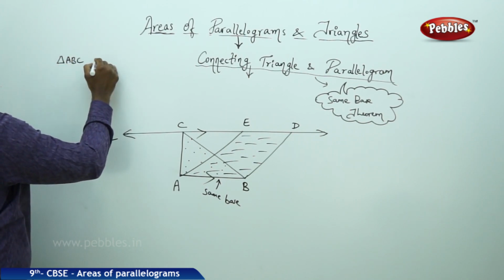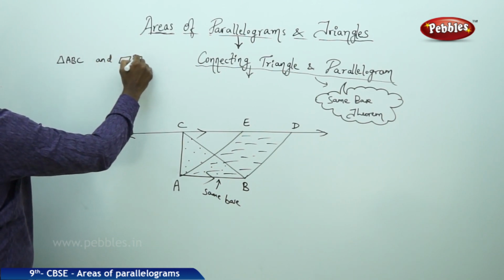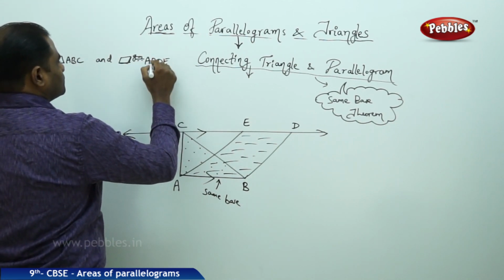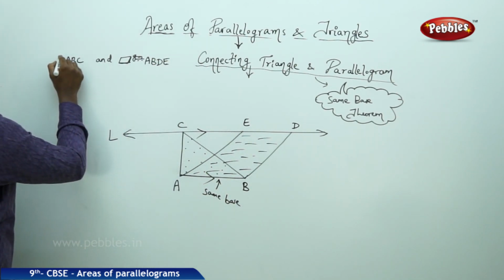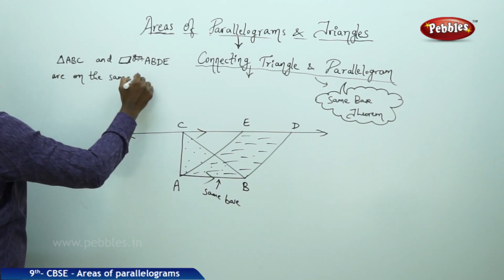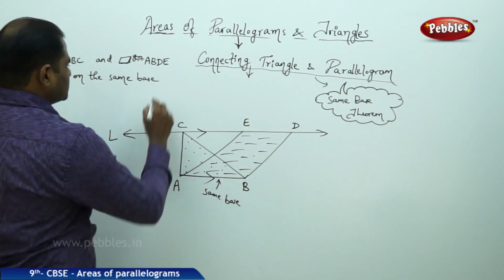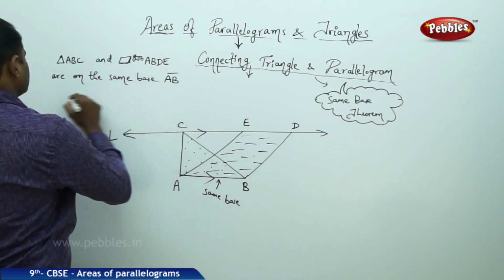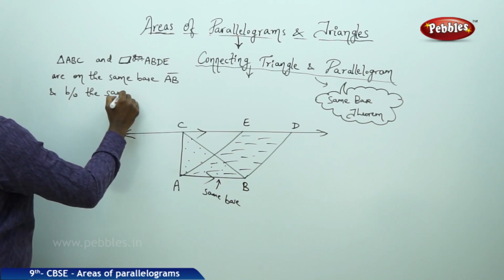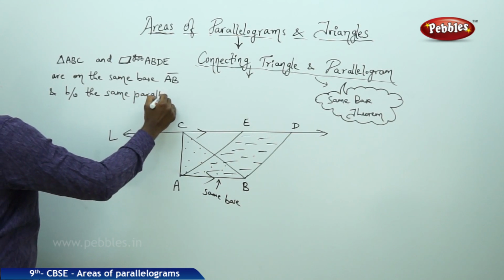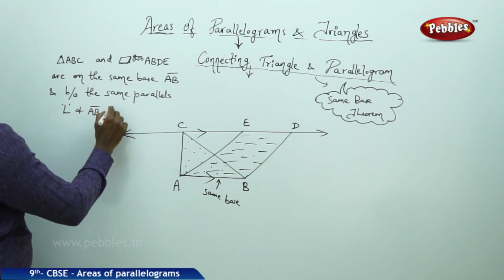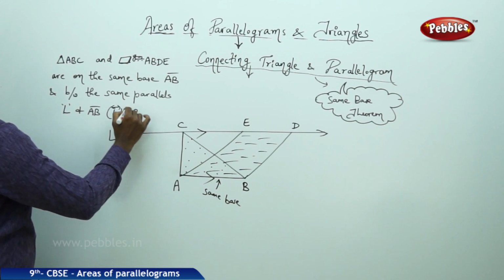Triangle ABC and parallelogram ABDE are on the same base AB, as can be seen here, and between the same parallels L and AB, that is the line L which is parallel to AB.